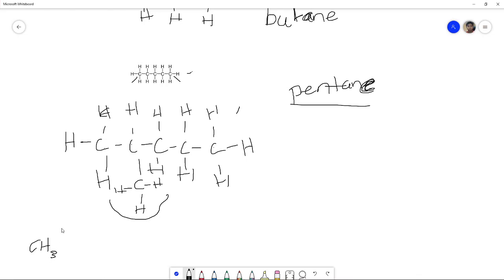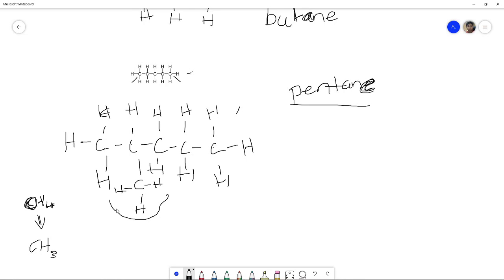I believe we covered this in the previous video, but substituents are functional groups, and functional groups usually have 1 hydrogen less than their parent molecule. Methyl is very similar to the name of methane, and methane has the formula CH4, and since functional groups have 1 less hydrogen than the parent molecule, it's going to have the formula CH3.